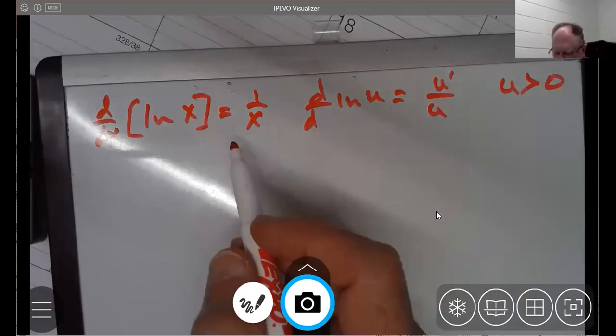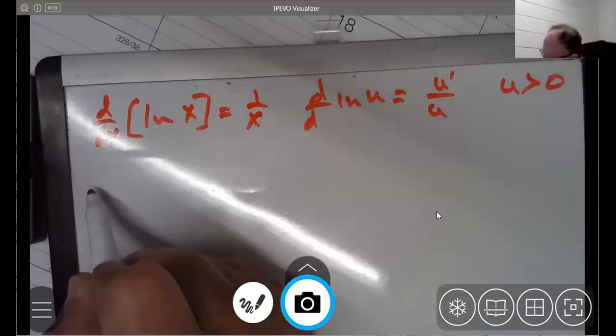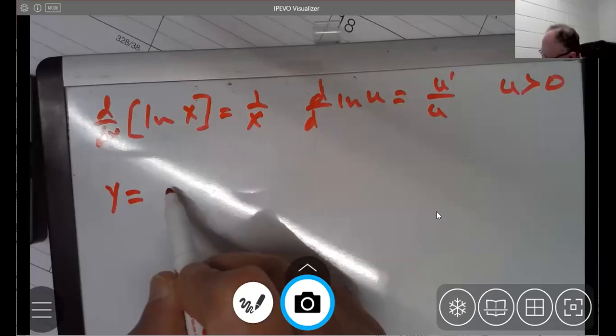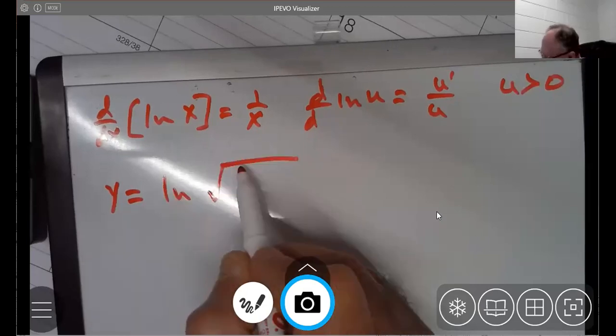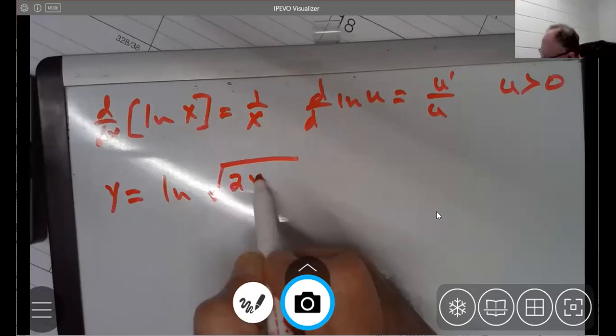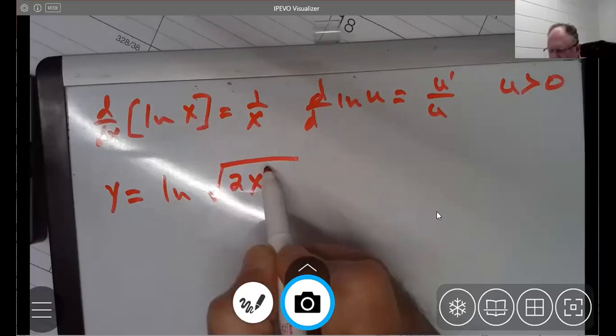And we're looking at y equals natural log of the square root of 2x cubed minus 1.